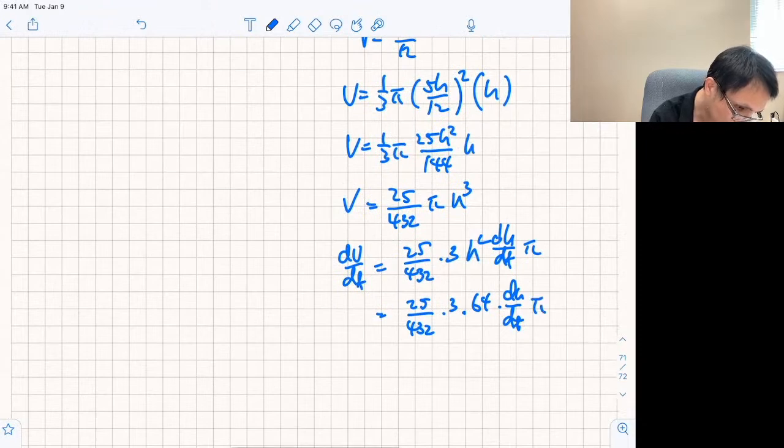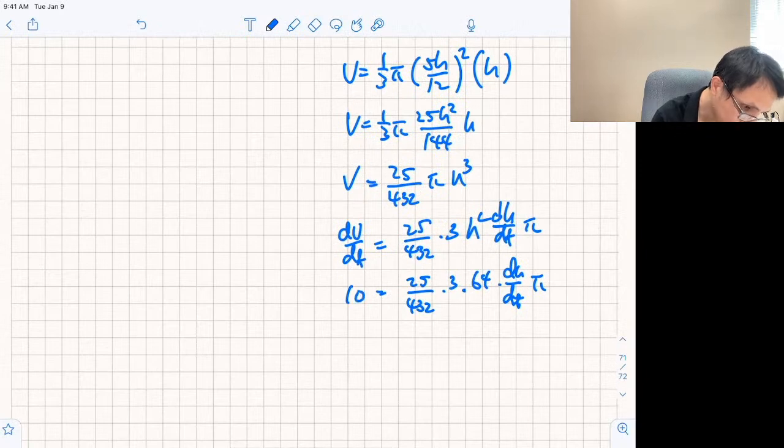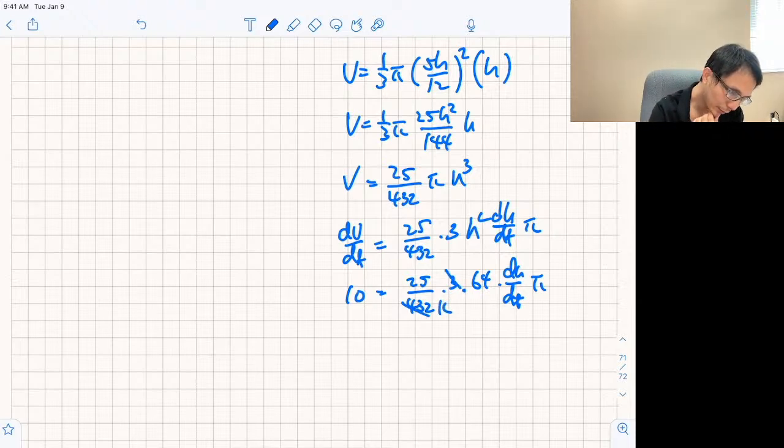And what is dV/dt? 10. So I can figure out what 10 is. 64 times anything is 432. 64 times 5 is 320. When you get rid of the 3, it just goes back to 144. Okay, that's a good idea. That's 144.